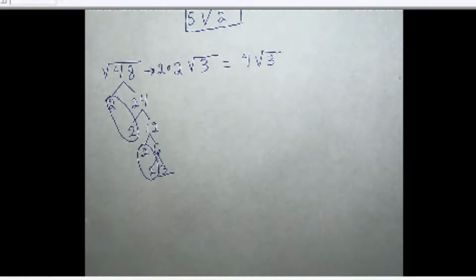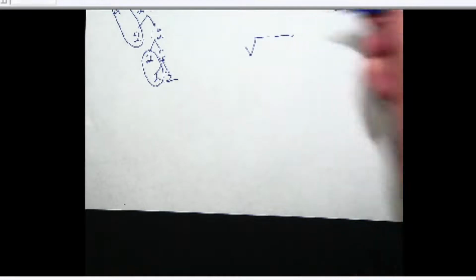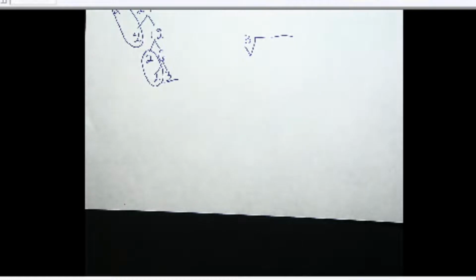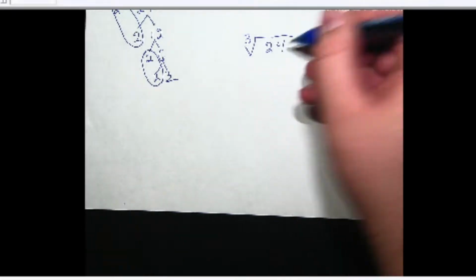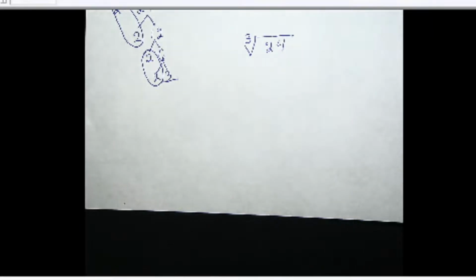None? All right, let's try another one. This is going to be not the square root, but the cube root. There's more than just square roots out there. Cube root of 24. Now remember that a square root asks what times itself is going to give me this number underneath the root.